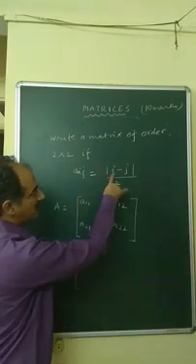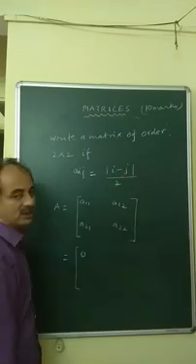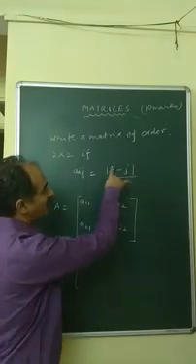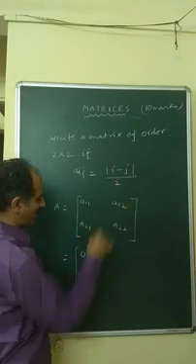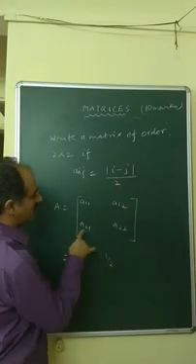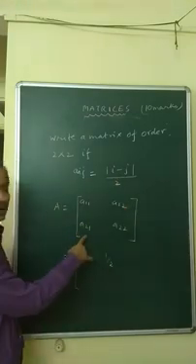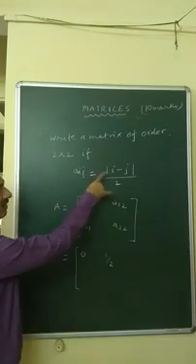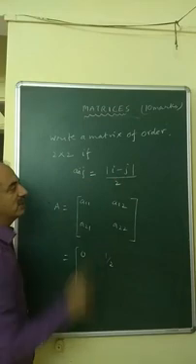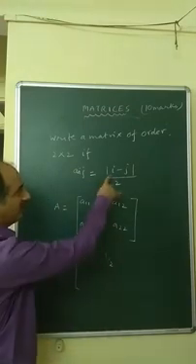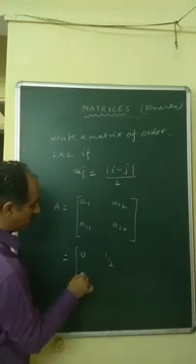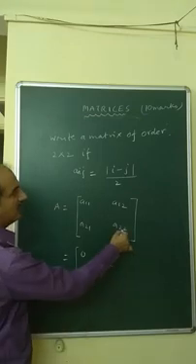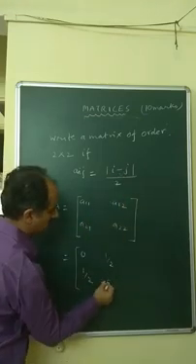So it will be 1 minus 2. What is 1 minus 2? Minus 1. And mod of minus 1 is 1, so 1 by 2. Then A21. In place of i, you write 2, and in place of j, you write 1. So it will be mod of 2 minus 1 by 2, which is 1 by 2, and A22 will be 0.